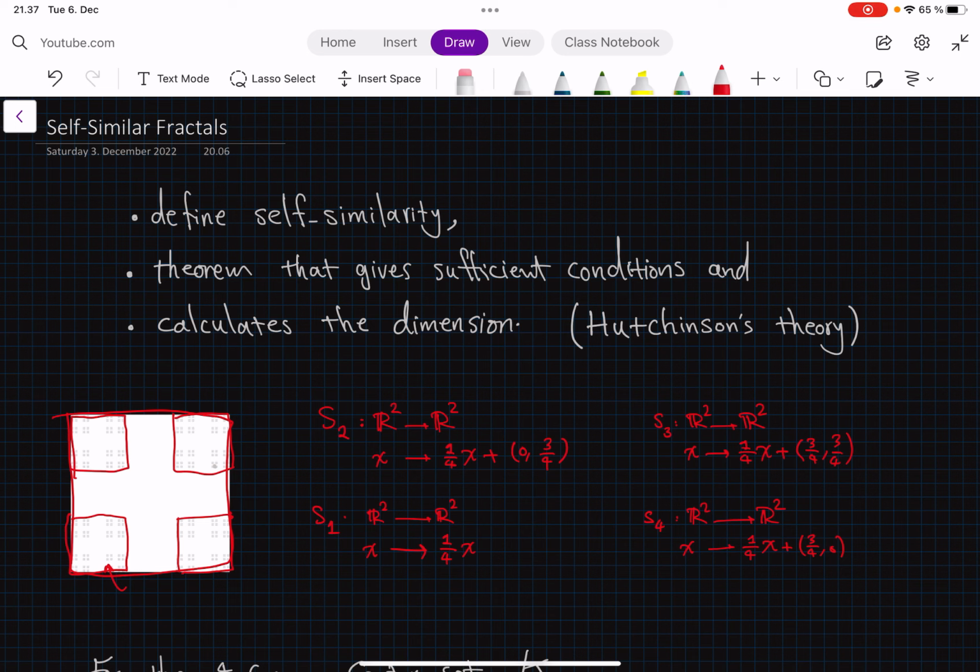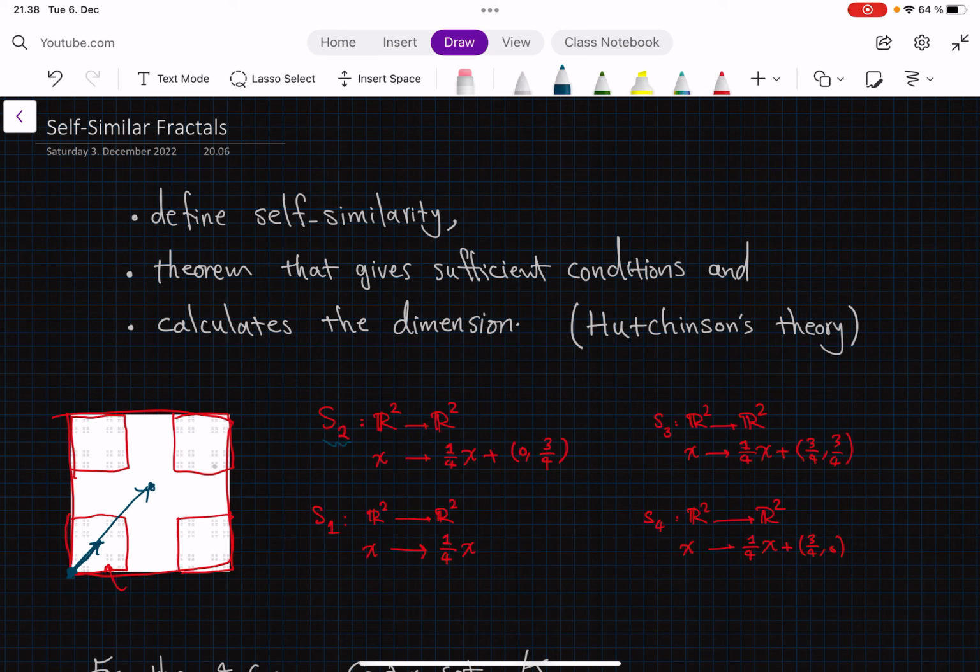Think about four maps from R^2 to itself. The first map, S1, is just multiplication by 1/4. What this map does, if you're familiar, which you definitely are, with vector calculus, any point can be seen as a vector, so this will multiply it by 1/4, and 0 goes to 0, so everything is still centered at 0.